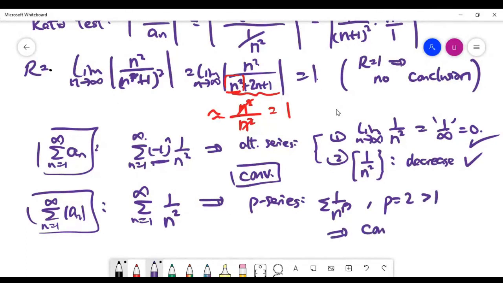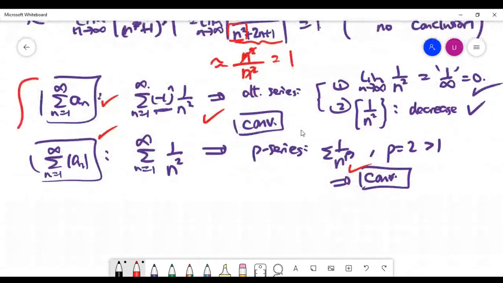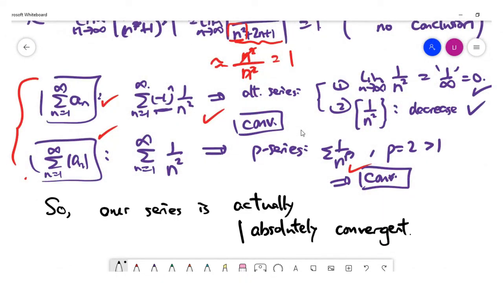By the p series test, we understand that this series is convergent. Please look at the two answers you have. For both the series we consider, both are convergent, which means that if we combine our answers for the two series, we understand that this is an absolutely convergent series because both are convergent.